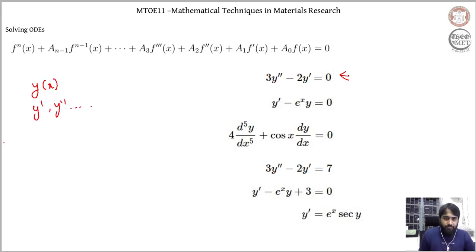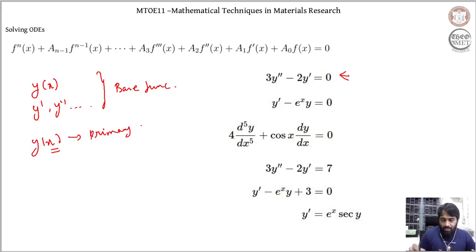So all these ODEs are described based on a function y of x. Therefore we can refer to y of x as the base function, and in this base function we have a fundamental, or primary, variable, that is x.